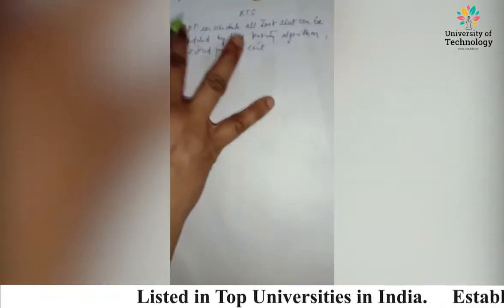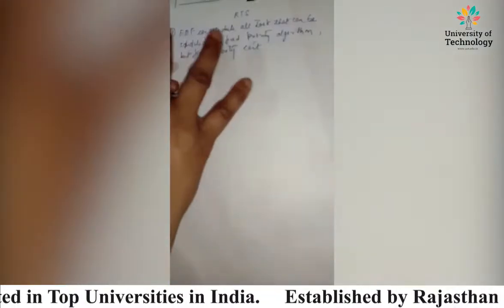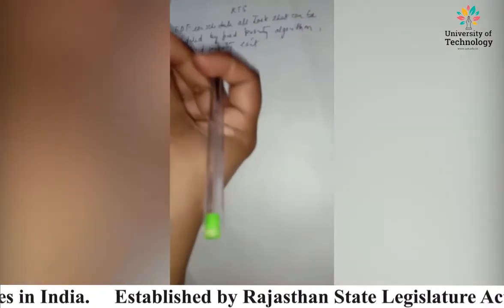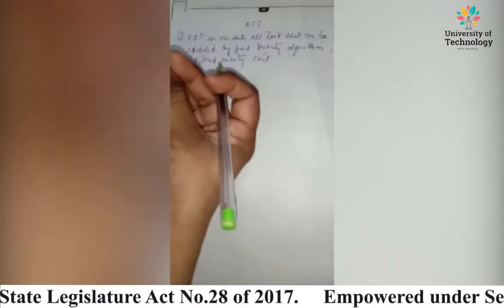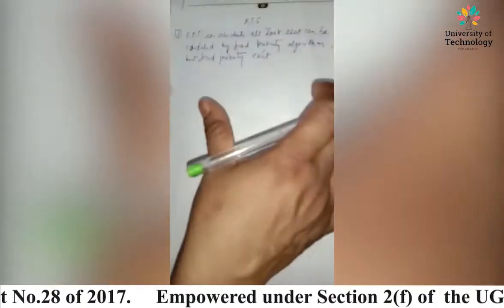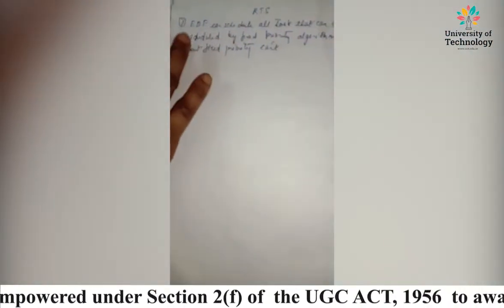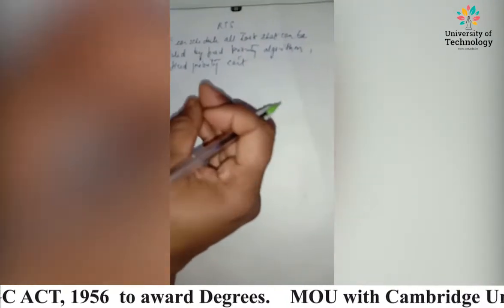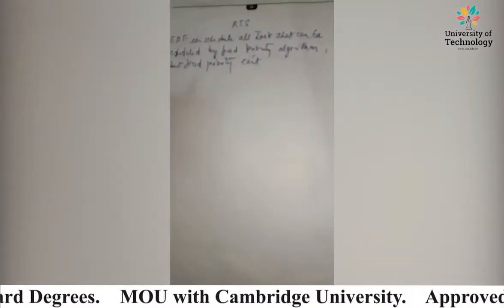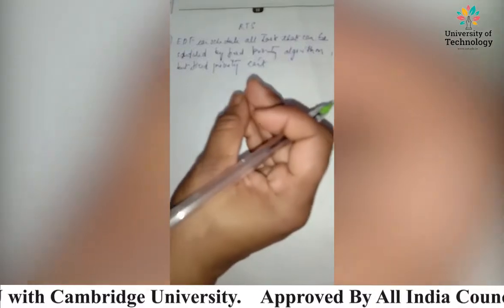What I'm trying to make you understand is that the earliest deadline first algorithm has the capacity to schedule all the tasks which can be scheduled by a fixed priority algorithm. We know what a fixed priority algorithm is: an algorithm in which the priority of the job is already prefixed. So that is called a fixed priority algorithm.